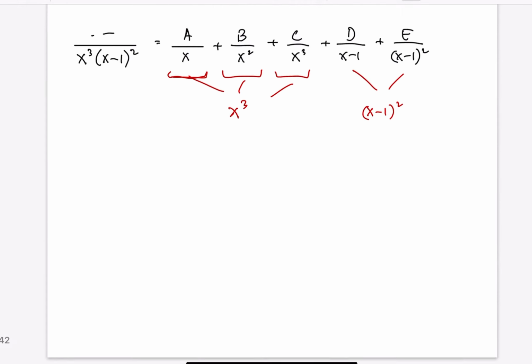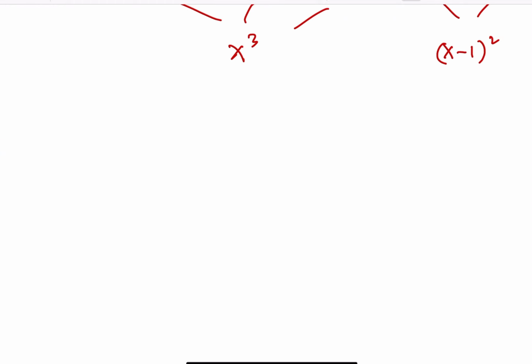Let's try another example that I think is a little bit more difficult. Let's say we have 4x squared minus x minus 2 divided by x to the fourth plus 2x cubed.